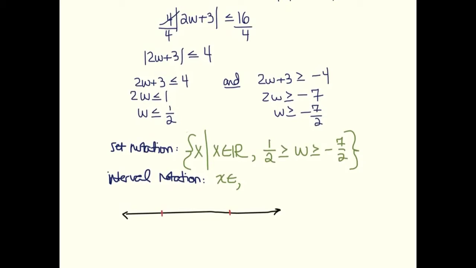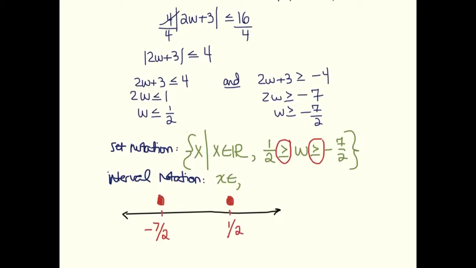Your first number would be negative 7 over 2, because it's smaller than 1/2. When you graph inequalities, you usually write a little circle above them. Now, because it's greater than or equal to, you're going to include your number on the graph, so you're going to shade in these numbers.